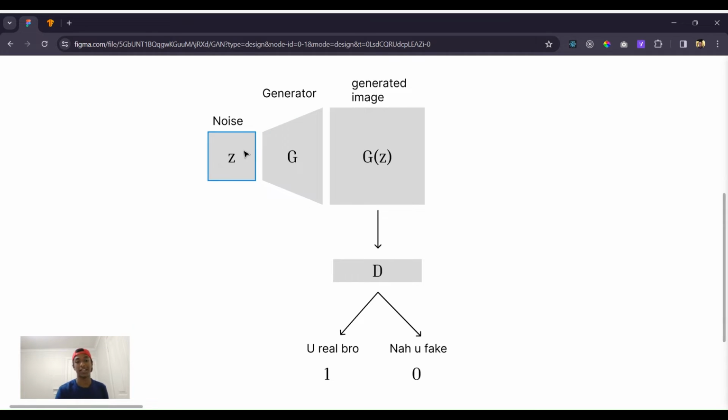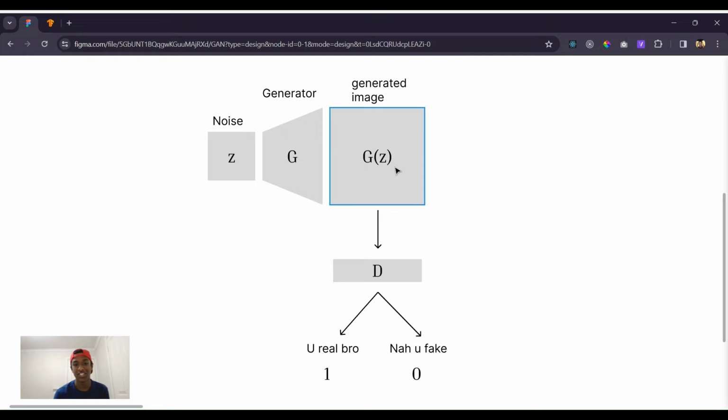This generator will take this noise and it will output an image of a horse, or we hope that it will output an image of a horse. Now what we do is we take this image and we feed it into the discriminator. What the discriminator does is it takes in this image and it will spit out a probability. One means that the image is real, and zero means that the image is fake.